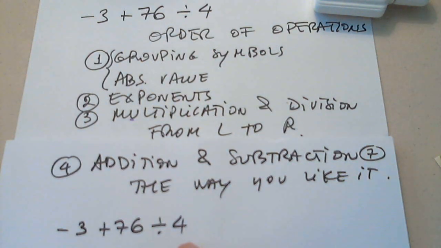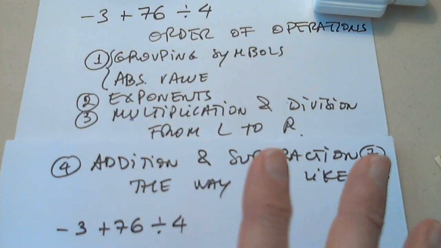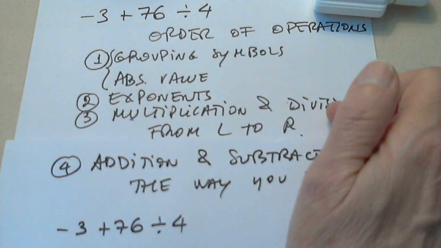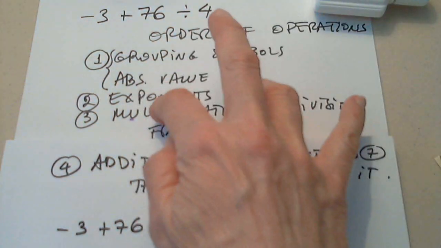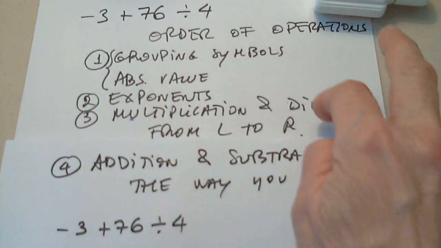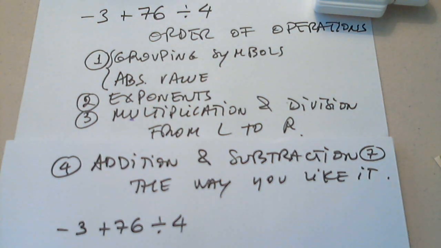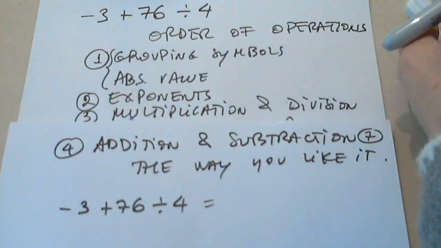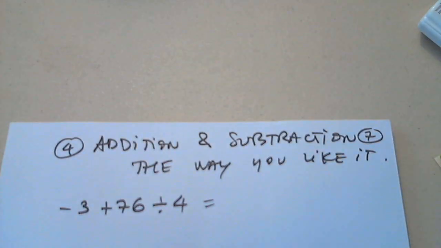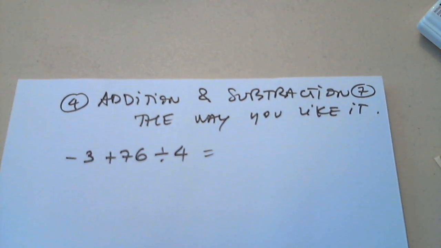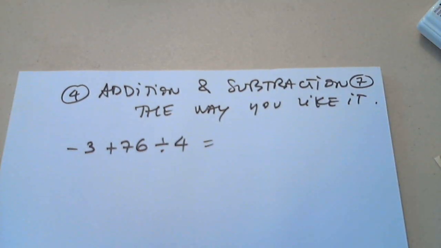Excellent. Exponents? No, none. So therefore I have multiplication and division to deal with. When I finish multiplication and division from left to right, then I can do whatever. So now I have 76 divided by 4. Yes, you can use a calculator, but remember, many times you're not going to get an integer, and you're going to have to worry about a fraction and so on.